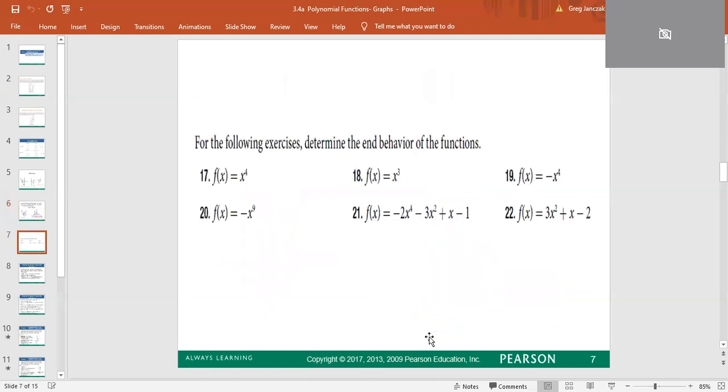Okay, so let's take a look at some problems. For the following exercise, determine the end behavior. So this is similar to some of the homework problems you're going to see. So let me get a marker here.